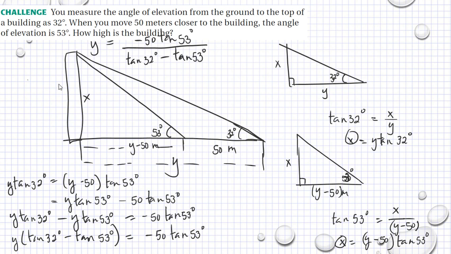So our x now, I'm going to use this equation: x is equal to negative 50 tangent 53 degrees divided by tangent 32 degrees minus tangent 53 degrees, multiplied by tangent 32 degrees.